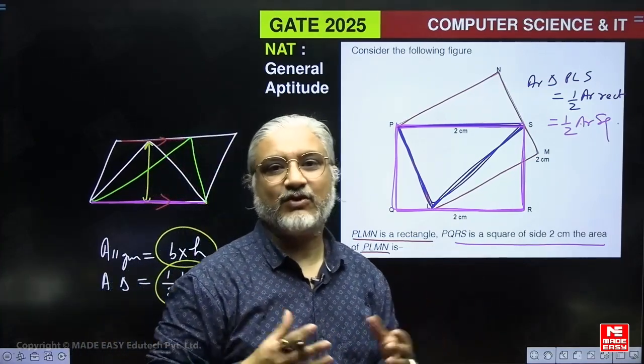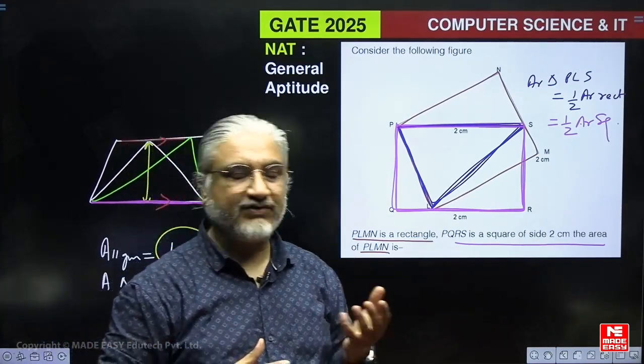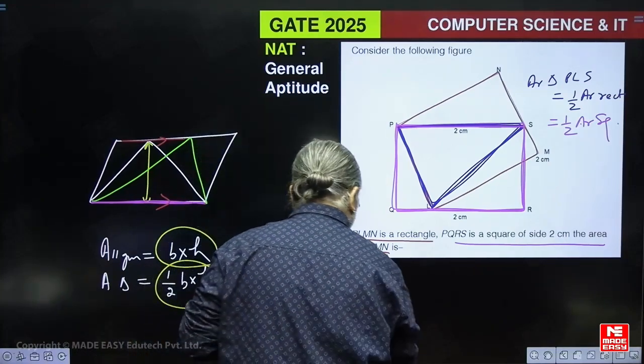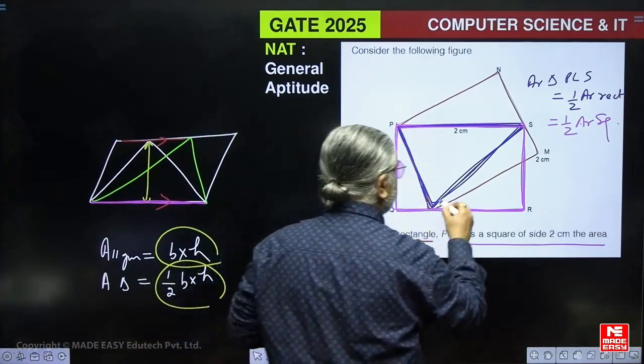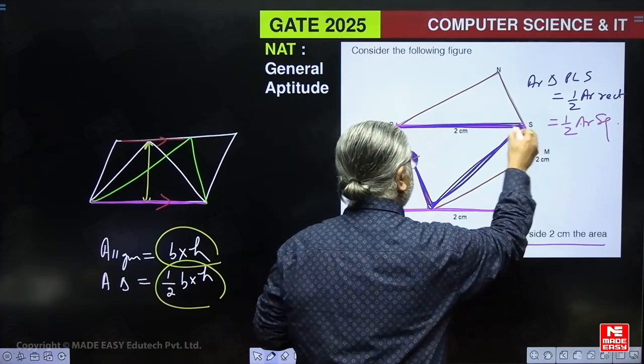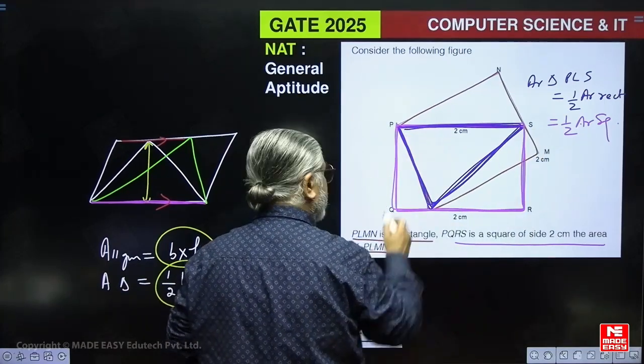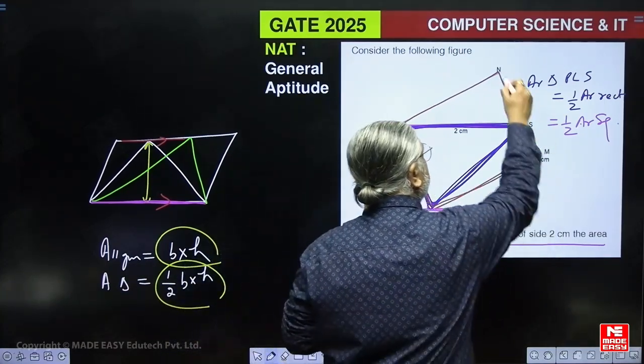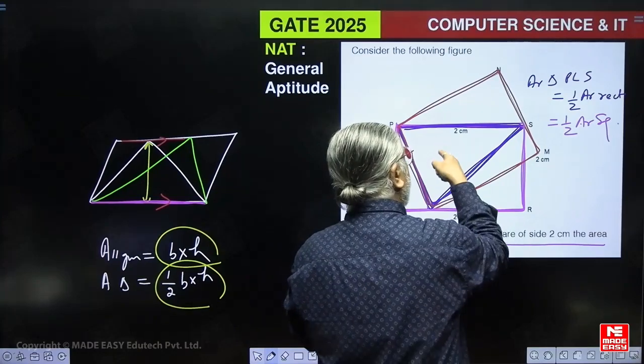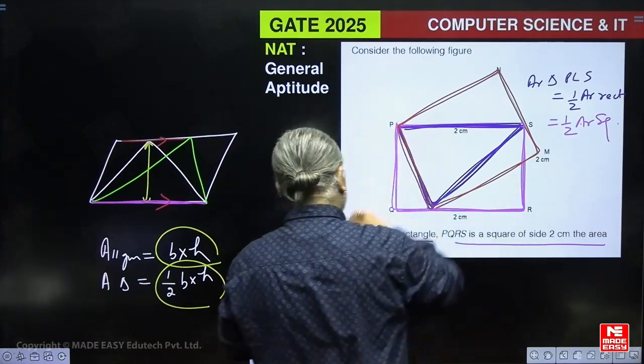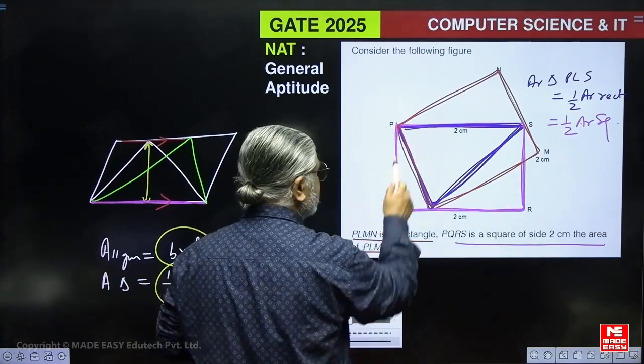Once again, let's have a quick recall of the concept. The blue triangle stands on the same base and between the same parallels as the rectangle. So area of this triangle is half the area of the rectangle, and the same thing we can visualize here.